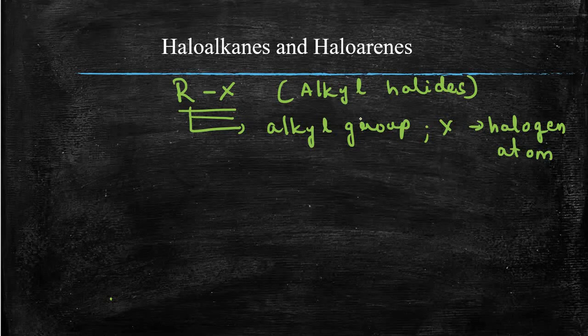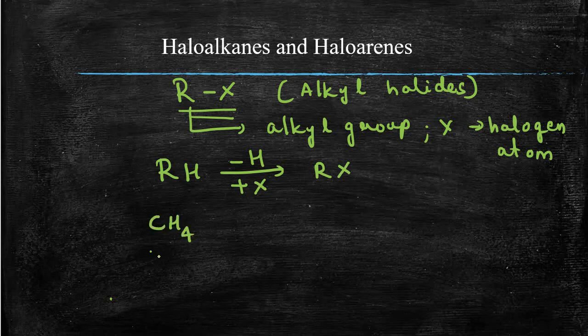Now these are obtained from an alkane by the replacement of one hydrogen atom by a halogen atom. So how can we represent it? You can see RH here. One hydrogen atom is replaced, and in its place one halogen atom is attached. Now we can explain it by taking an example. Here we are taking methane.